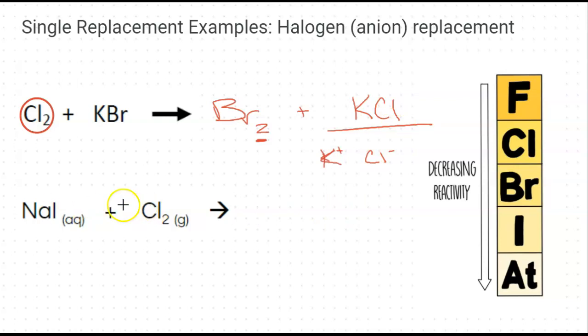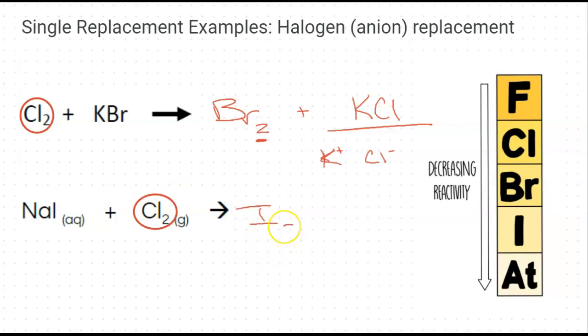On the bottom reaction, I've got chlorine again as my single element. When I check and compare that to the iodine, chlorine is up here, iodine is down here. Iodine is the least reactive, so iodine winds up alone. I write my symbol and then check Brinkelhoff.